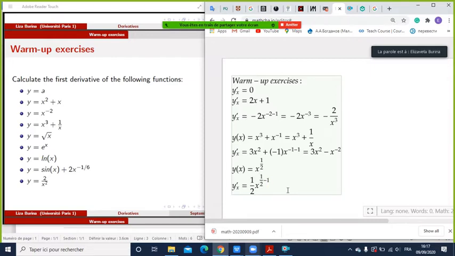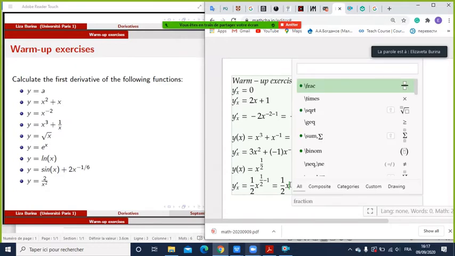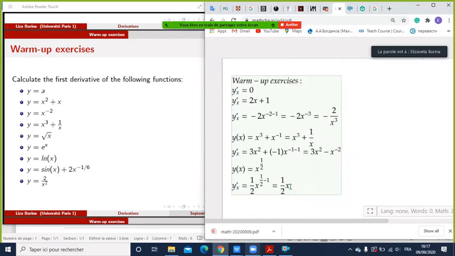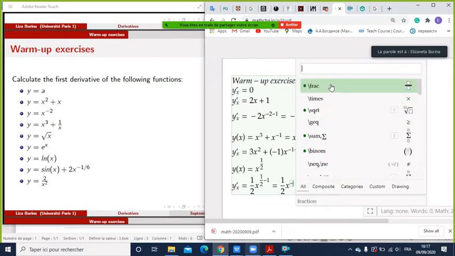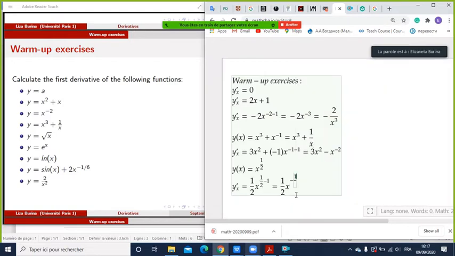So we end up with 1 over 2 x to the power of minus 1 over 2.